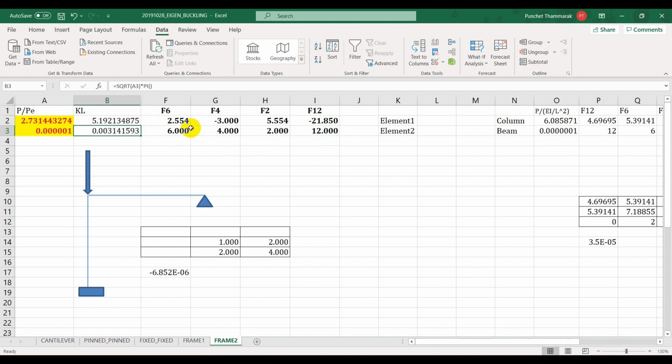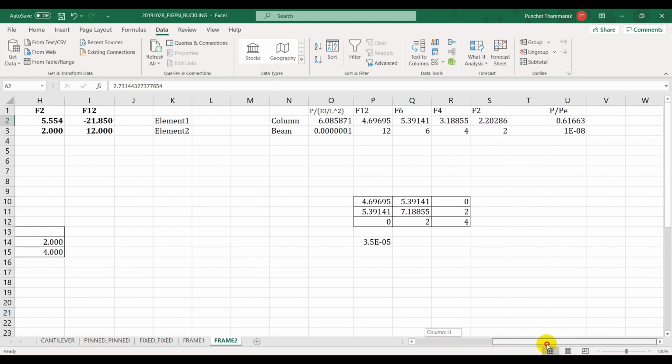We try to pull everything out, but later I think I'm gonna set up the system such that we don't really have to have the common EI. If I want to change the EI of this beam to somewhere which is very low, then you have low rotational spring stiffness, and as you decrease it down smaller and smaller, you'll be getting the buckling load closer and closer to 2.05. Anyway, let's do it in the next one.